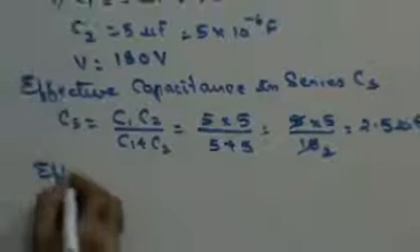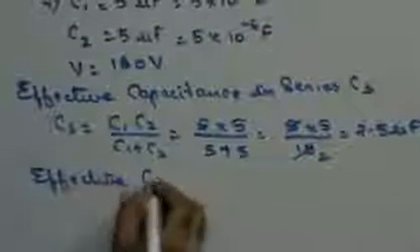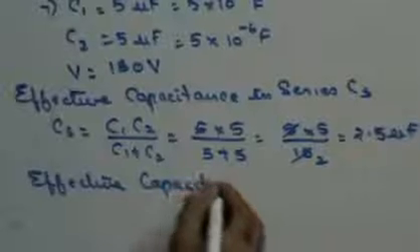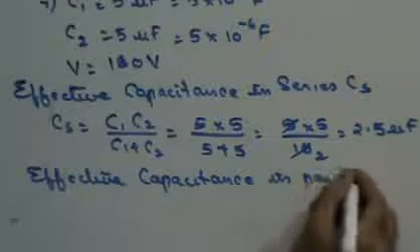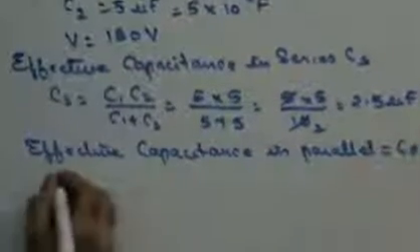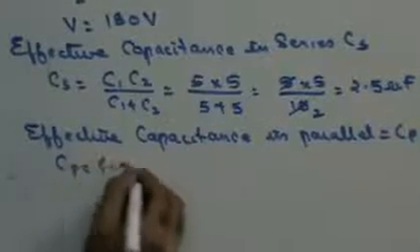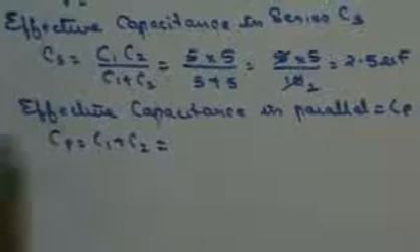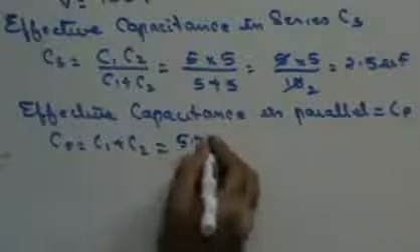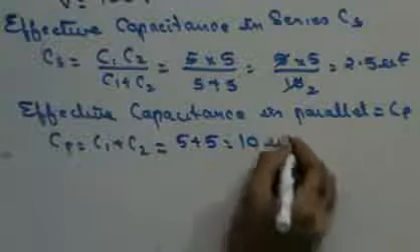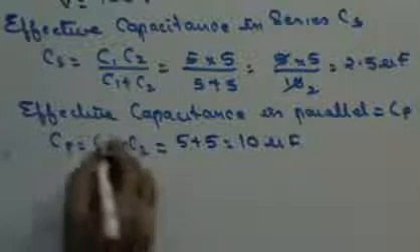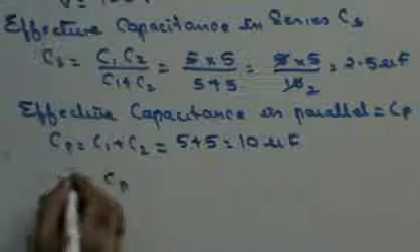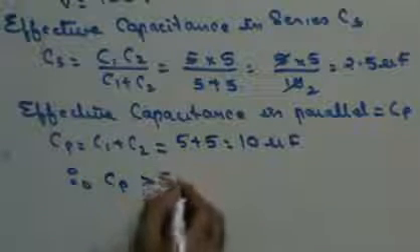Let's assume that the effective capacitance in parallel is say Cp. So Cp is C1 plus C2, that is 5 plus 5, that is 10 microfarad. Now from this discussion it is very clear that Cp is greater than Cs.